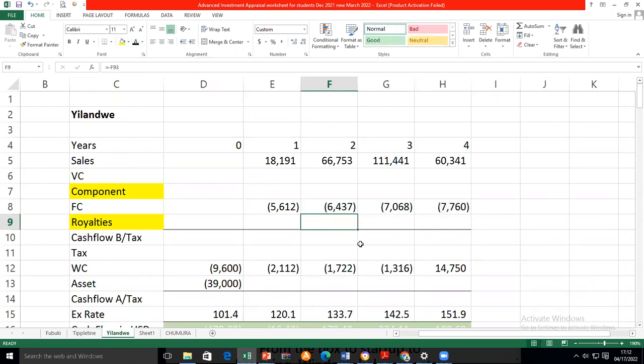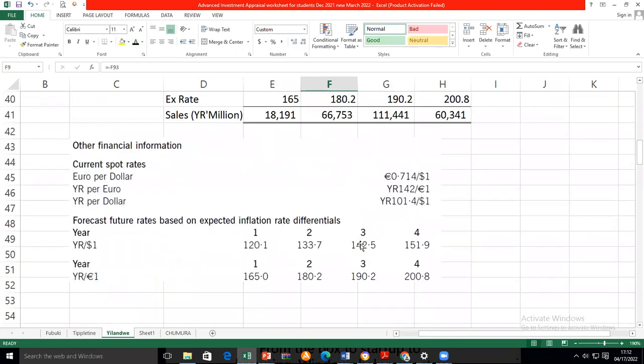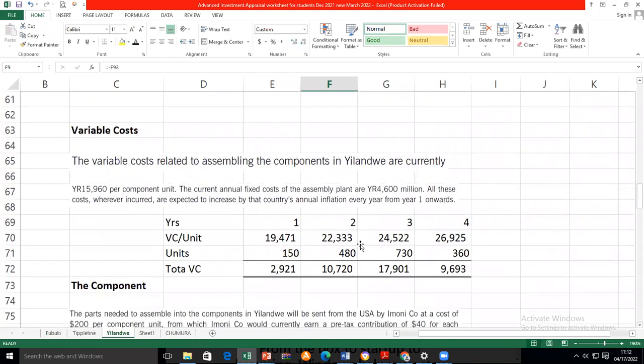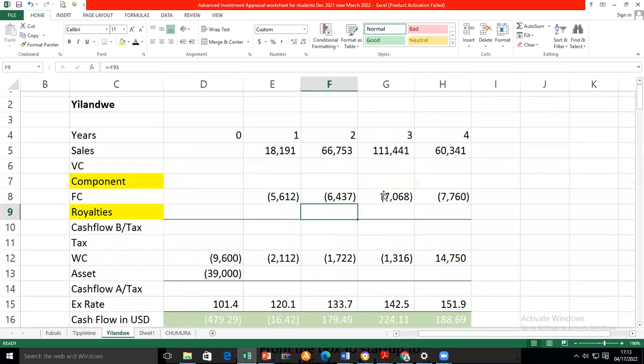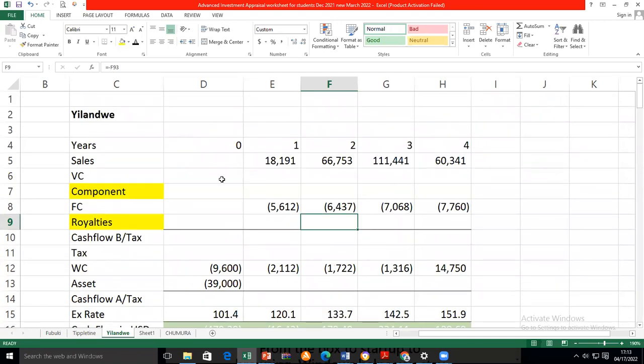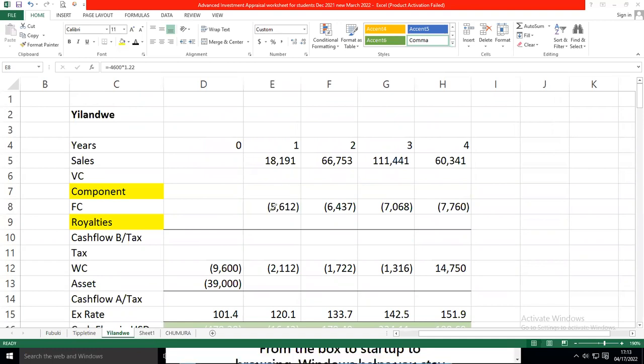So the fixed cost, they have given us a figure. Where is our figure? It's 4,600 million. Let's go, 4,6 here. So 4,6, we grow it. In year one, we grow it by what percentage? In year two, you grow it by what percentage?